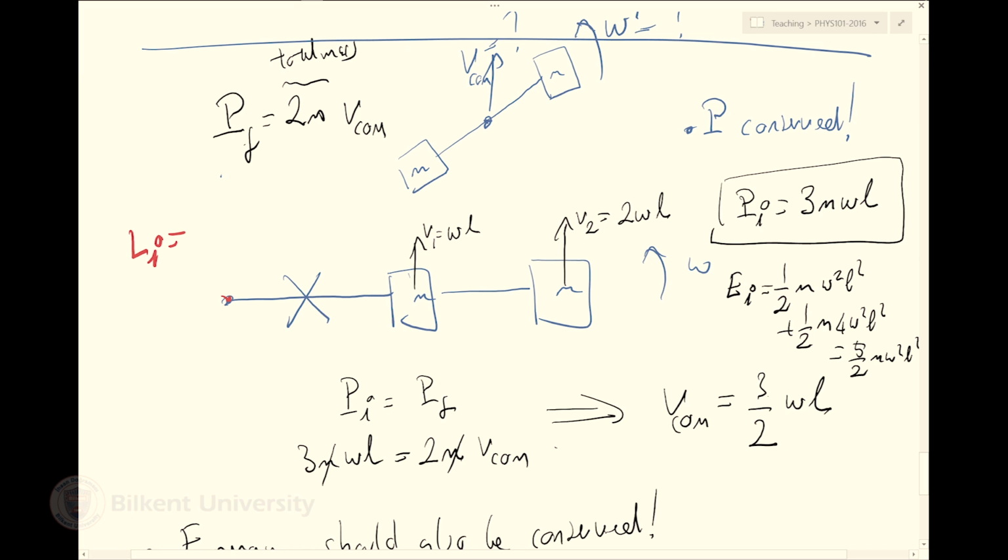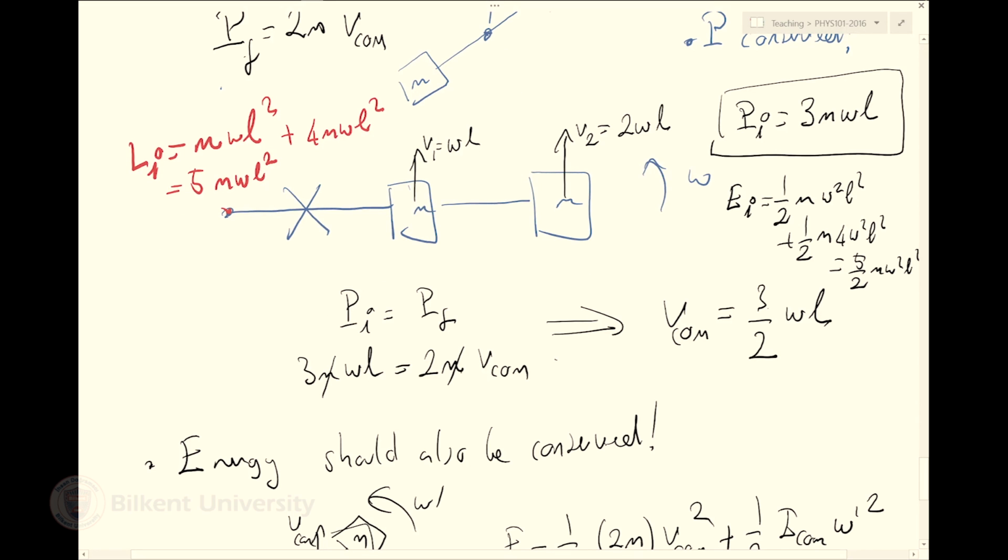M V1 times its length, so it's going to be m times omega L times its length from the pivot point, which is L, so it's m omega square L for the first thing and 4m omega L square for the second. So it's going to be 5m omega L square.